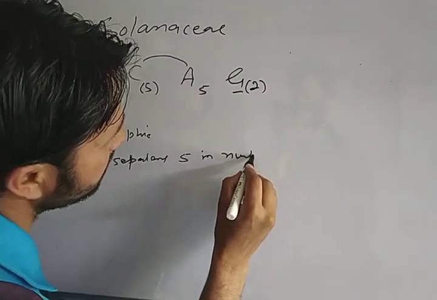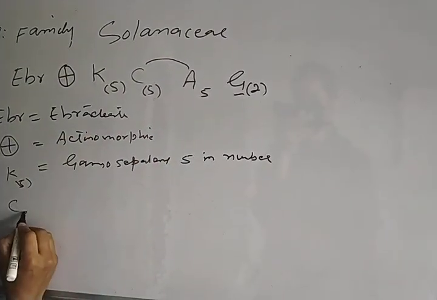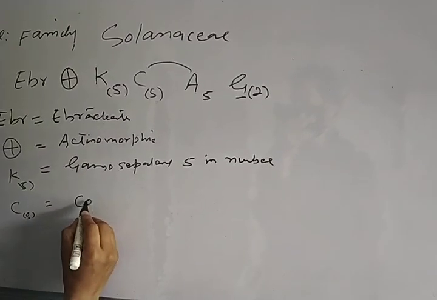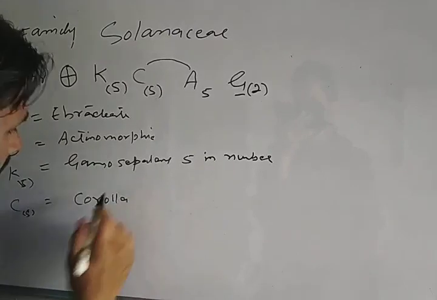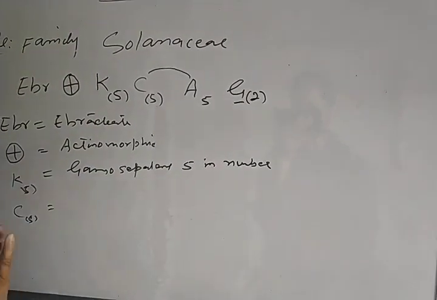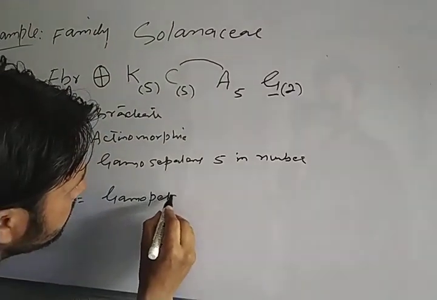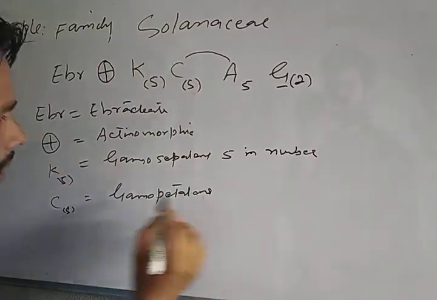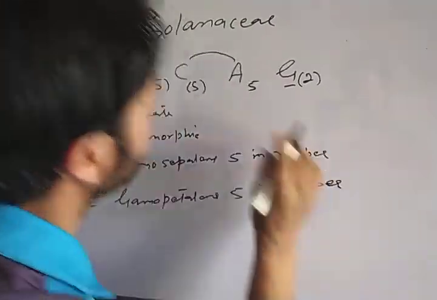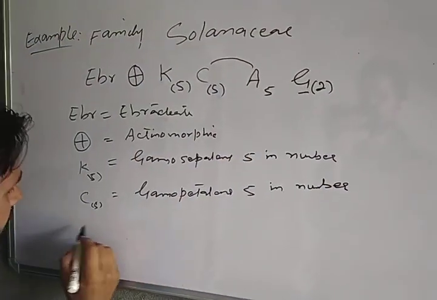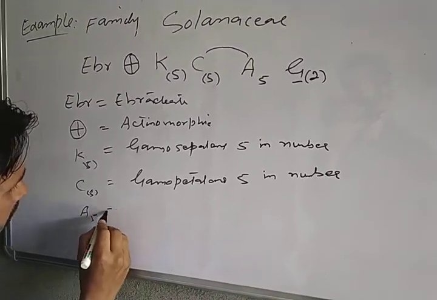That means sepals are 5 in number, which are fused. Likewise, C represents corolla, but here we are saying gamopetalous. Gamopetalous means 5 in number. And androecium 5.